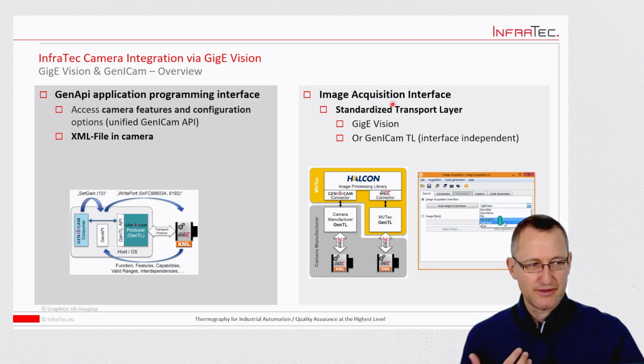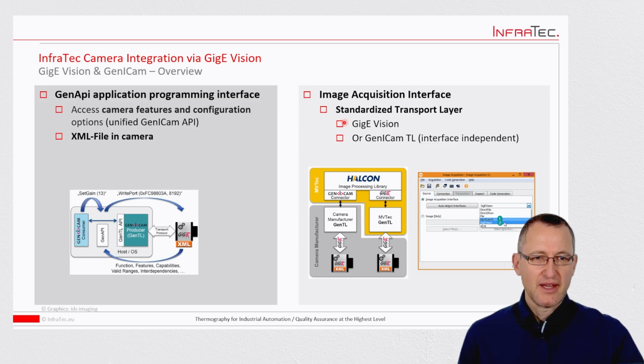On the other hand, we have the image acquisition interface, which is how the camera transmits the data. And there are two possibilities. There is the GigiVision standard that only works for GigiVision cameras, or there's a GenICam transport layer that is interface independent. So it doesn't matter what kind of interface the camera is using.